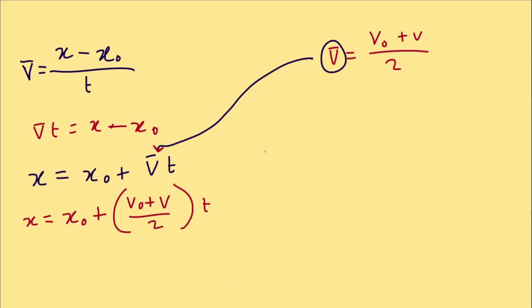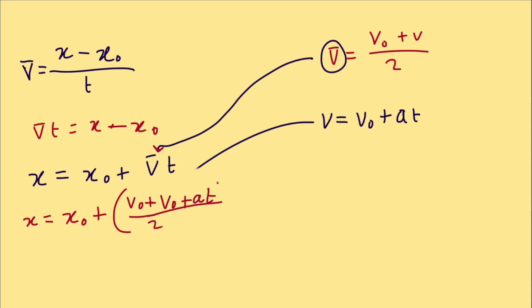We're going to plug in one more equation. I know it's a lot, but here. See this velocity? If you remember our first kinematic equation, v equals v0 plus at. We're going to plug that in now. So that becomes (v0 plus v0 plus at) multiplied by time.